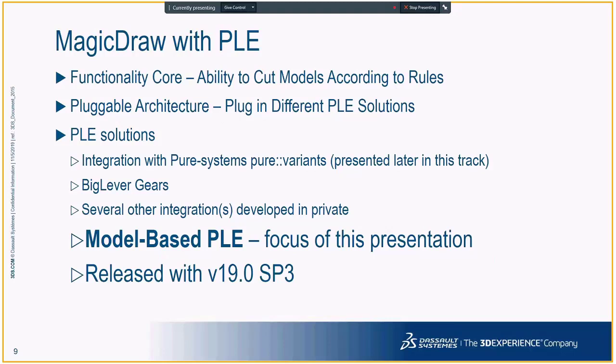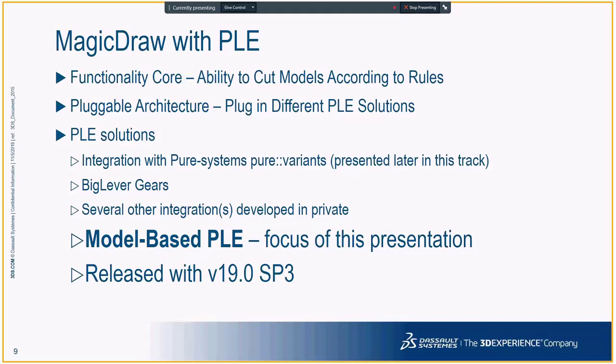So if we talk about those, so those are PLE tools, and to do PLE, you would have, let's say, PLE core plus Pure Variants integration sub-plugin, and then you would do your feature model and configurations in the Pure Variants tool, and your system model inside Magic Draw, and there was an integration, and it allowed to cut and rearrange Magic Draw models depending on the choices that you made inside this Pure Variants tool.